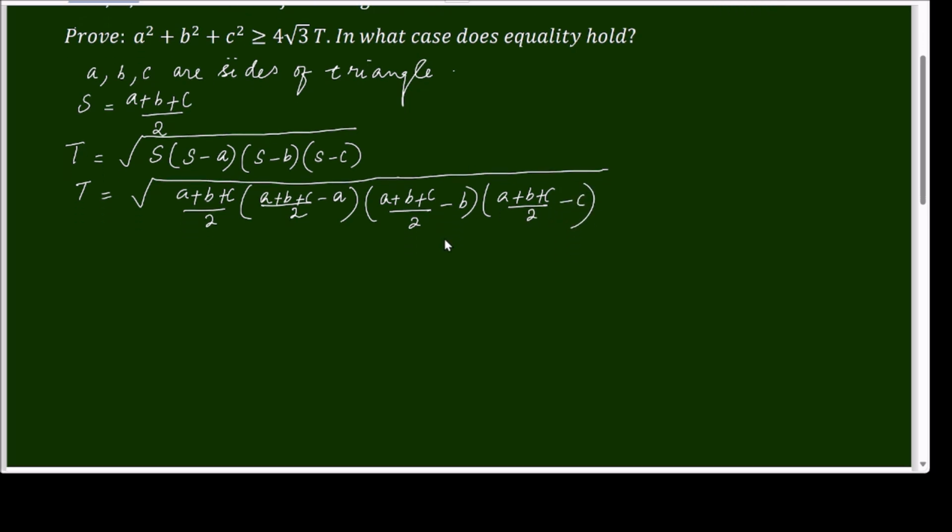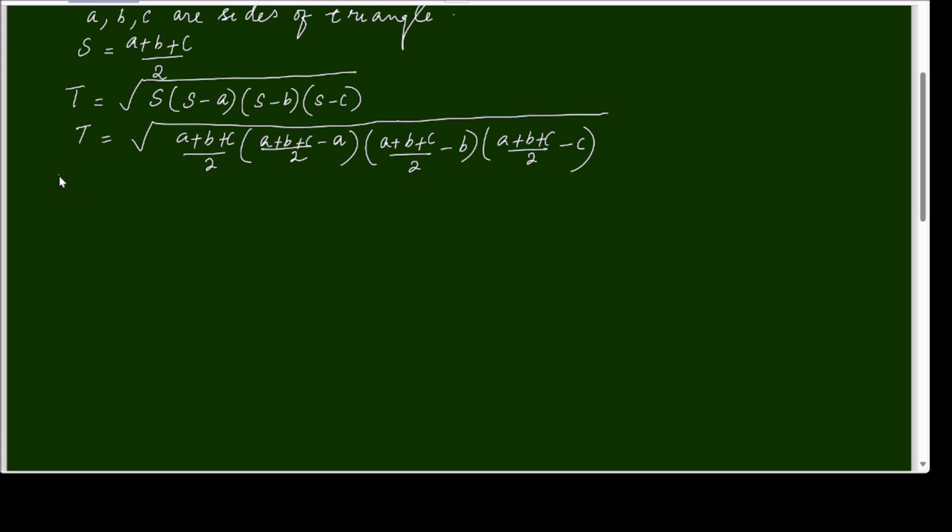So if we simplify, here T is equal to, I am taking 2 into 2, 4, 4 into 2, 16, so I am taking 4 outside.